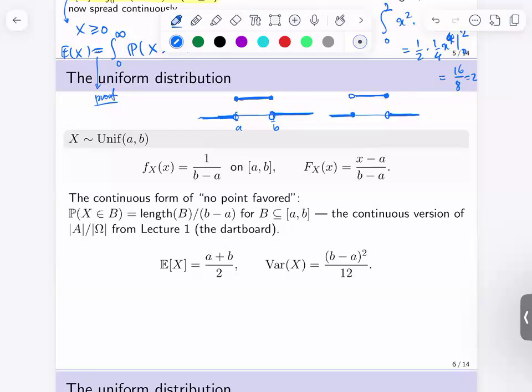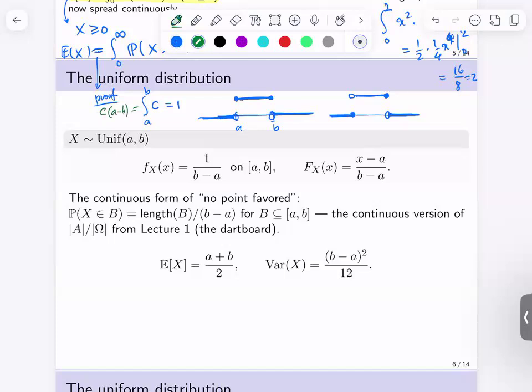For example, the endpoints, we don't care. Because it's constant, we know that if I integrate f of x over a and b, and f of x is some constant c, it has to sum to 1. So this c comes out: this would be equal to c times the integral, which is b minus a.